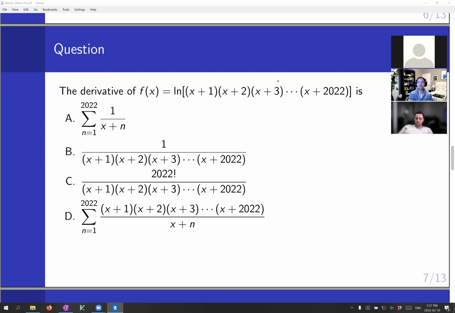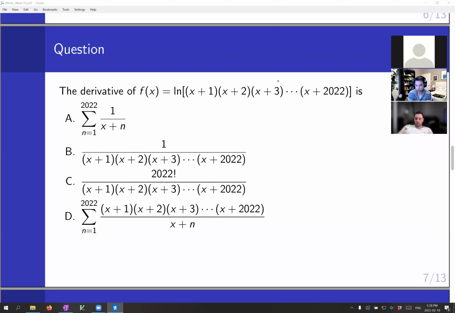Okay, listen, everyone. Problem solving 101, right? Right now, this function, if you were to expand this out, is like x to the power of 2022, right? We're multiplying a bunch of these things. But let's say I gave you this question on an in-person final or exam. Why not do it for just x plus 1, x plus 2, and x plus 3 and see what answer you get, and then see if that answer shows up.